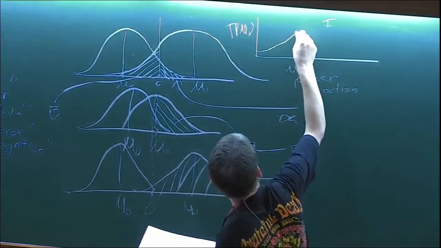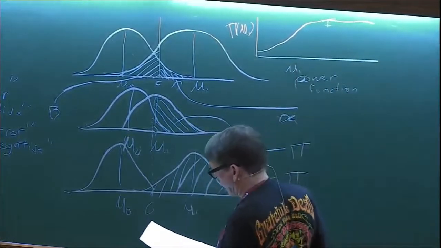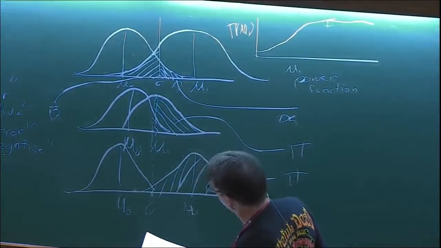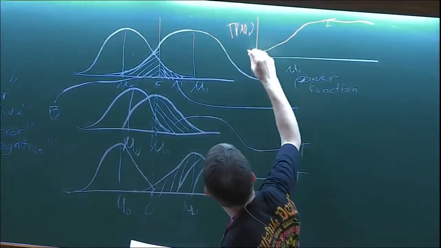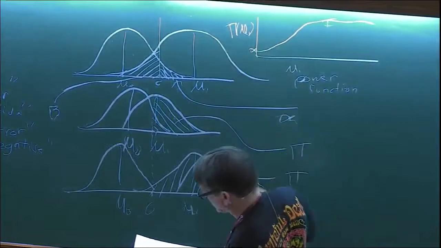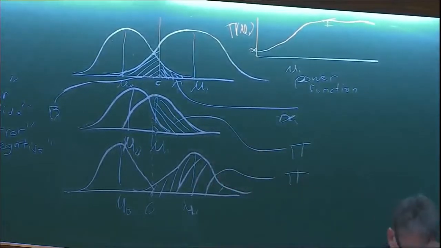It tends to go up and flatten out. Now suppose they're right on top of each other. That's going to be alpha.